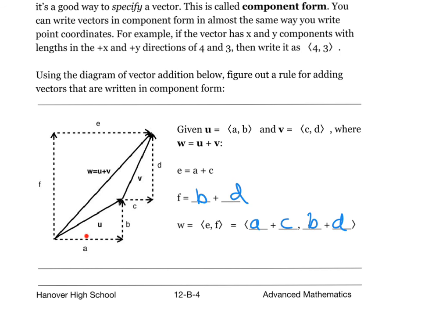Vector U has components A and B. And if we add vector U to vector V, which has its components C and D, all we need to do is add the U vector's X component to V vector's X component, so A plus C. That becomes the first component of the resulting sum. And then the Y components of U and V, B and D, get added together, and that becomes the Y component of the W vector. So it is really straightforward adding vectors in component form.